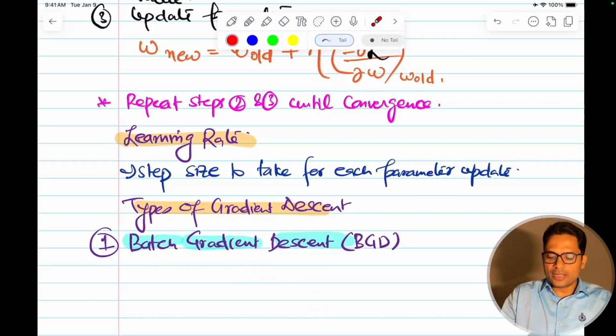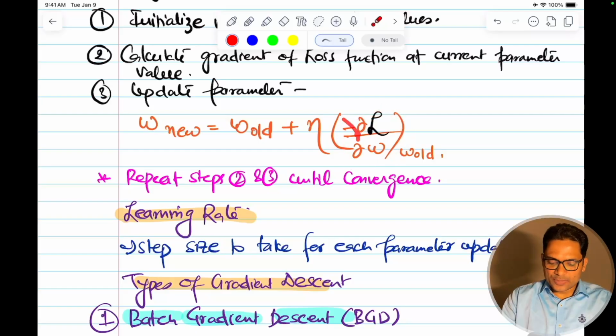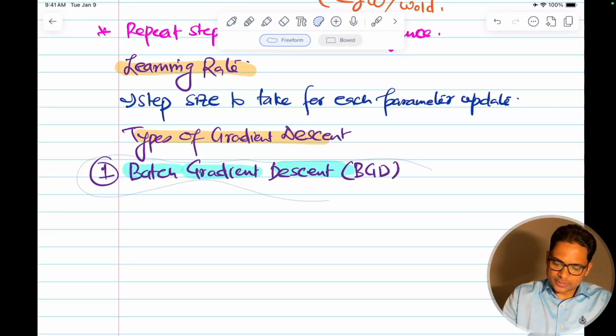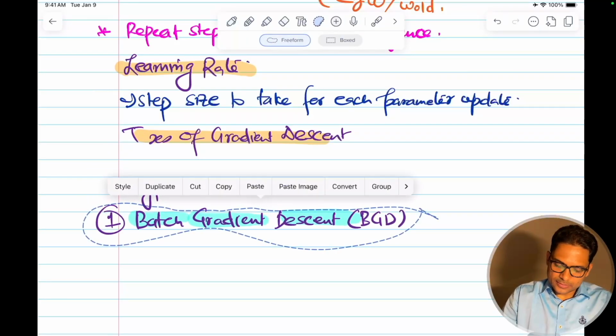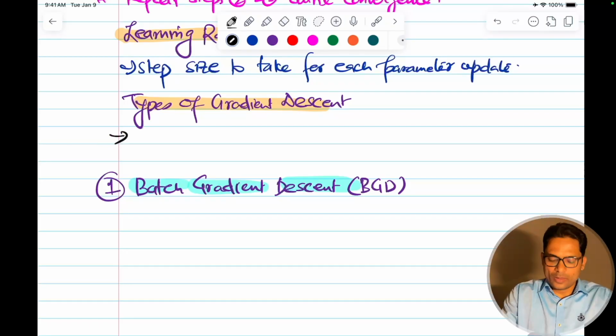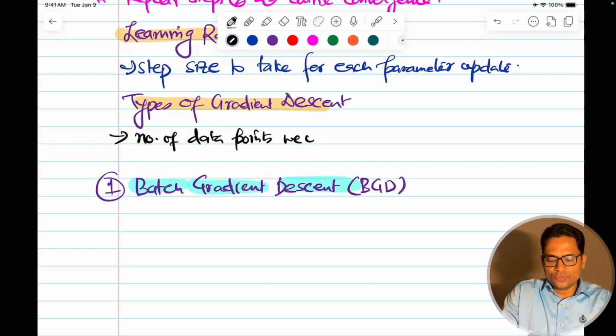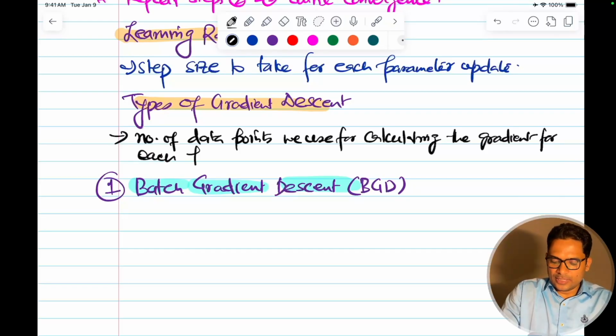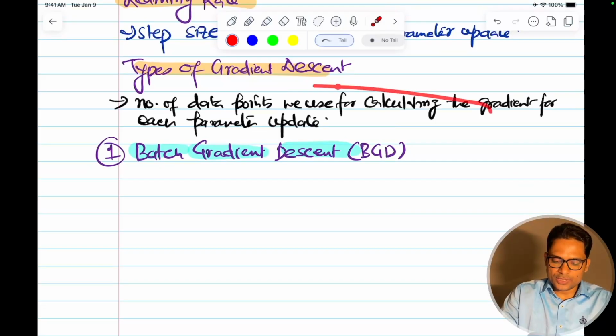So this is divided on the basis of the number of data points we use for calculating the gradient for each parameter update. That's the only basis on which all are different.